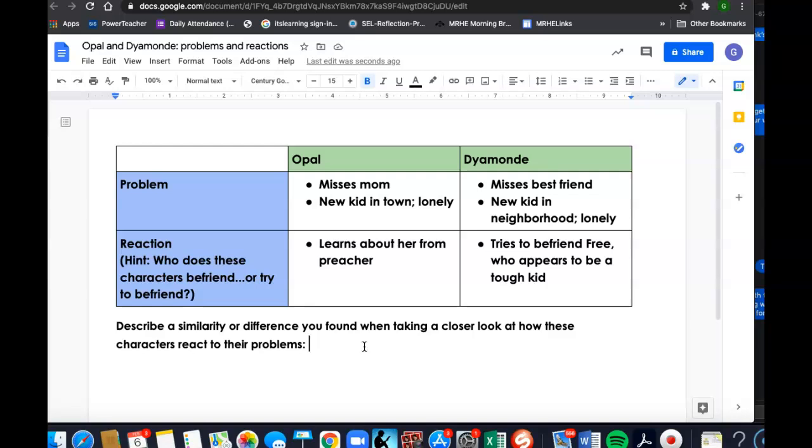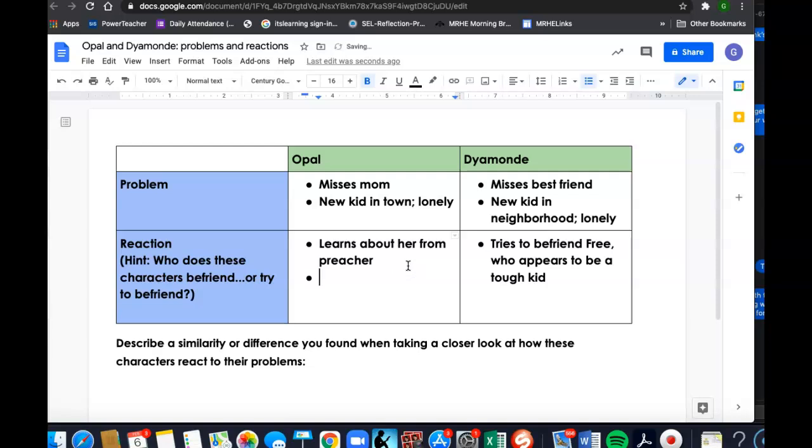Opal even tells us in her story that she is nervous about talking to Preacher about this, but before she loses her nerve, she marches right up to him. And of course, from what we've seen of Free, I'm not totally sure that a shy character would ask Free to come and sit with her at lunch, given that he's been grunting around and he doesn't seem super warm and friendly. So my observation, just based on this reaction and this reaction, is our characters tend to be pretty bold and don't shy away from addressing their problems.